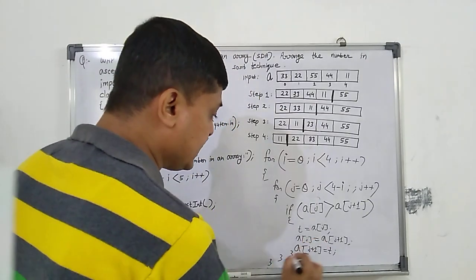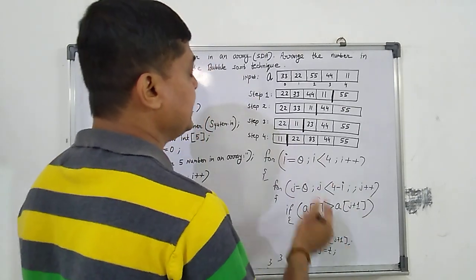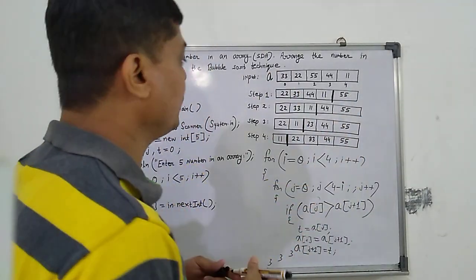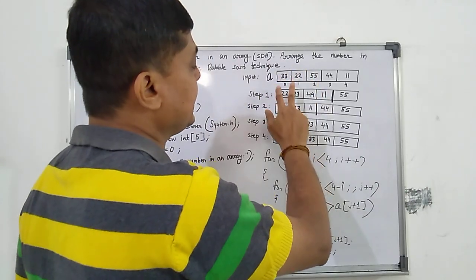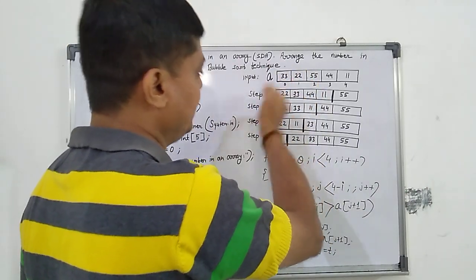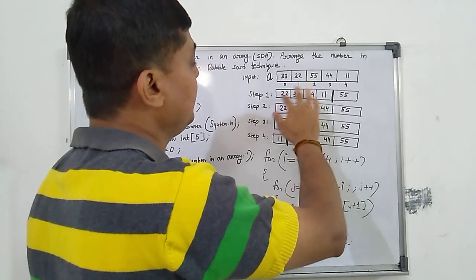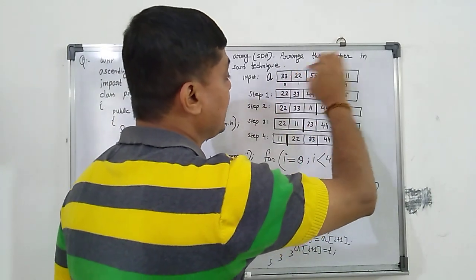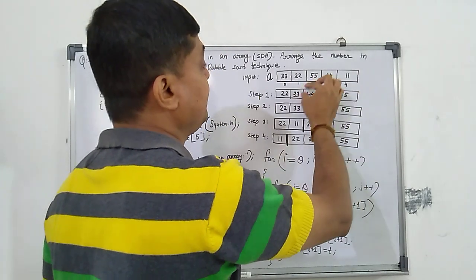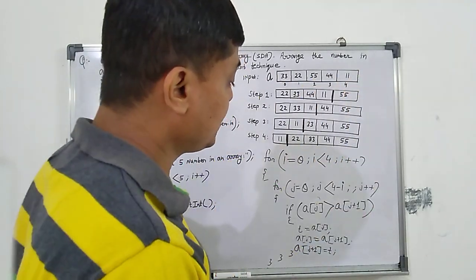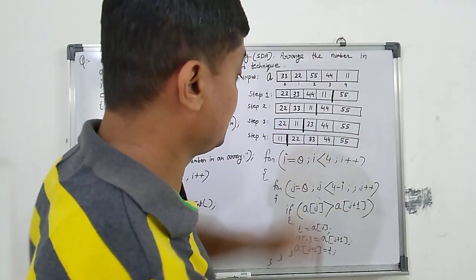So when the first round of the j loop is finished, the values will be sorted in this way. 22 and 33 compare, so 22 is moved to first and 33 to second. This way the biggest value is transferred to the last position, like 55 transferred to the last position. In the first round 55 is stored.